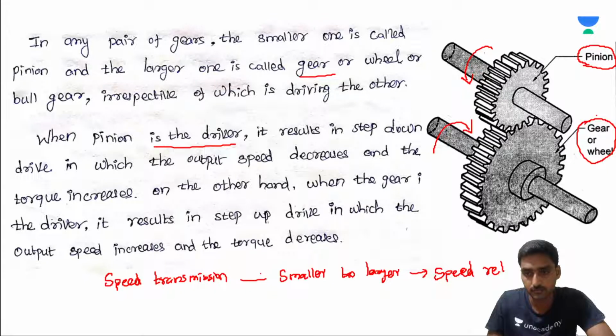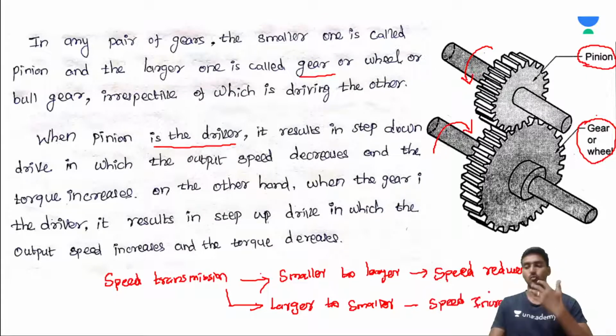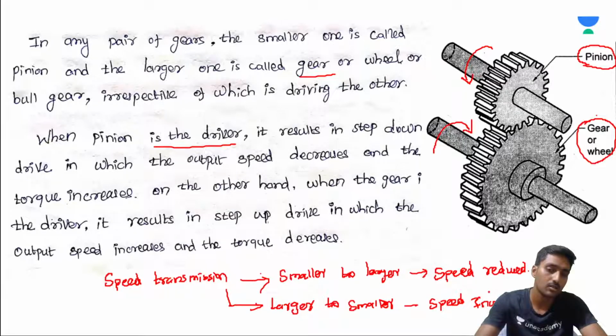So it is called a step down drive. When the speed is transmitted from the larger gear to the smaller gear, then the speed is increased from the first shaft to the second shaft. What kind of gear is it? Are you aware of these things?